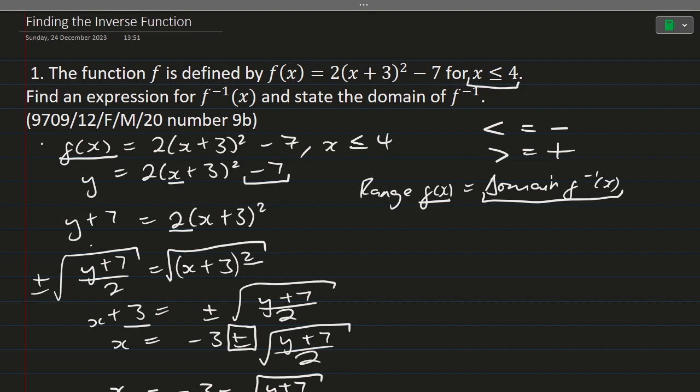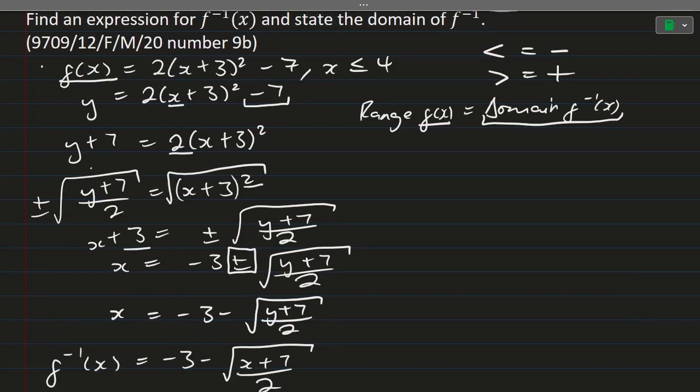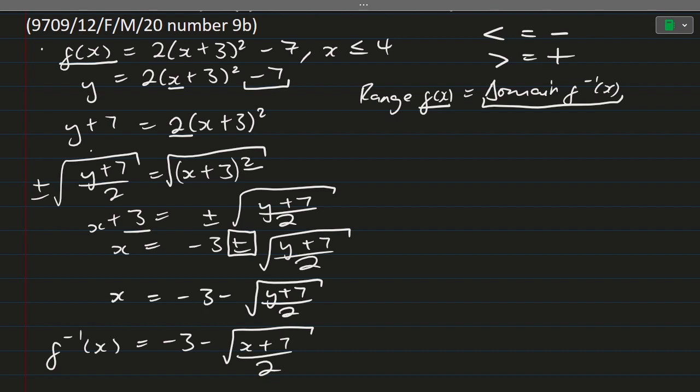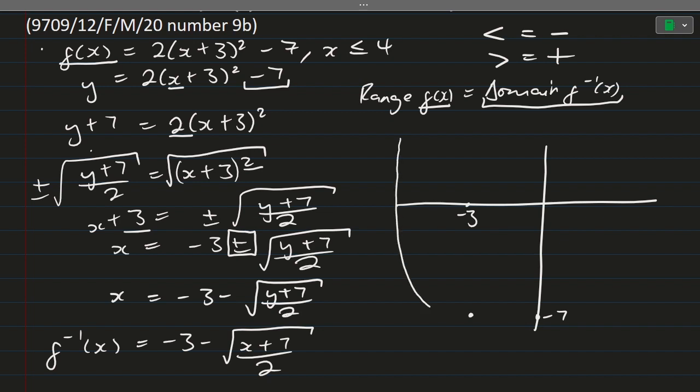So let's sketch that diagram. It has a turning point at negative 3, negative 7. So that's somewhere here, and the curve would look something like this.